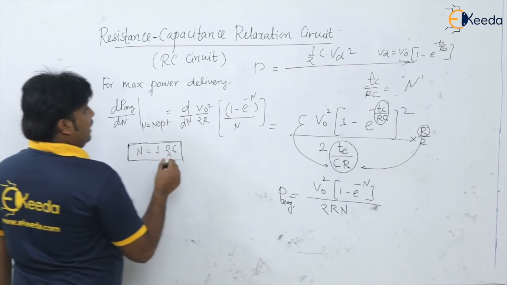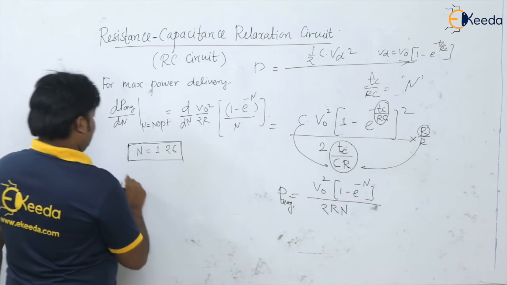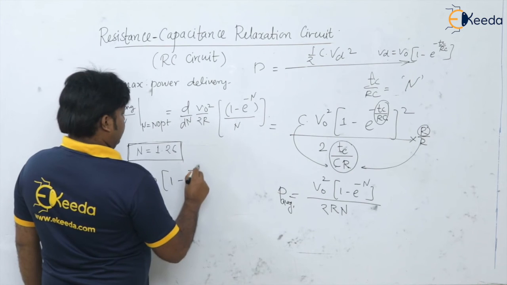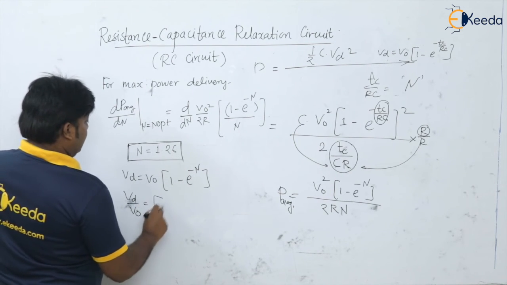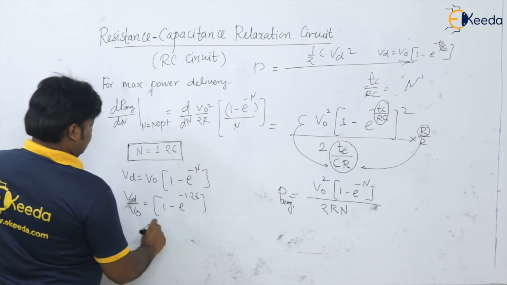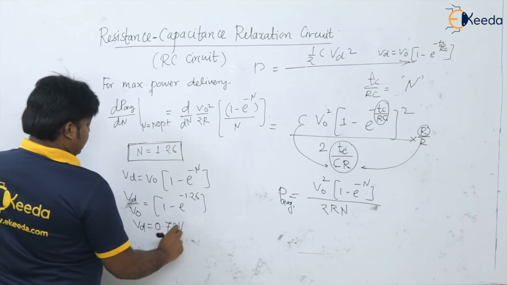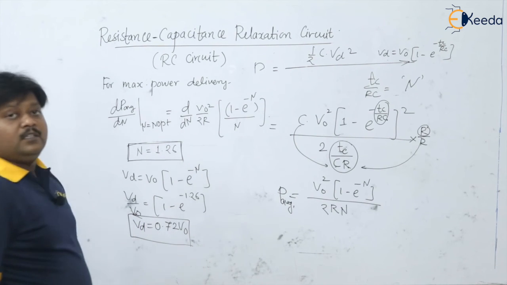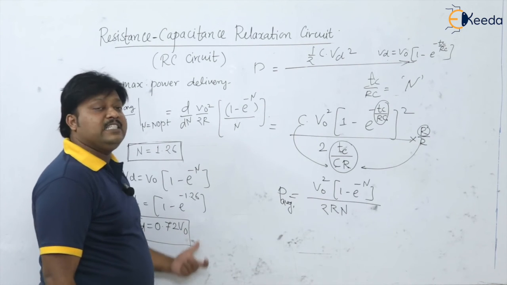So if we put this value of n in this formula, that is, VD is equal to VO into bracket 1 minus e to the power minus n, so VD divided by VO is 1 minus e to the power minus 1.26, which is around 0.72. So you can say that the discharge voltage is 72% of the source DC voltage.